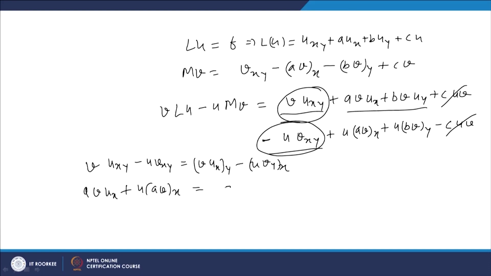This we can write as a u v of x, and that we can see here, and then we can write b v u_y plus u (b v)_y, and this we can write as b u v of y. So, it means that all this thing I can write like this.